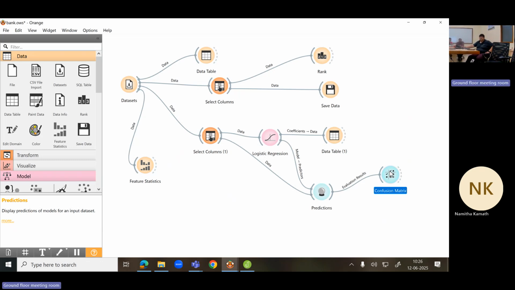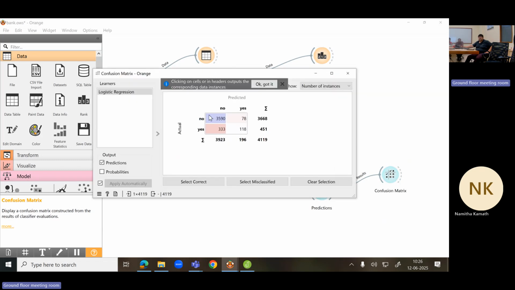Confusion matrix is basically the cross table between the actual values and the predicted values. Altogether there are 4,119 records, as we saw. Out of that, only 451 records have gone for a term deposit, whereas 3,668 have not gone for a term deposit.